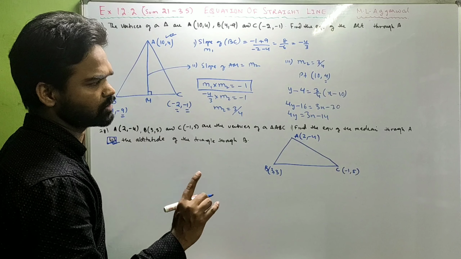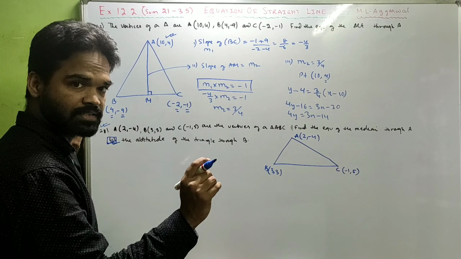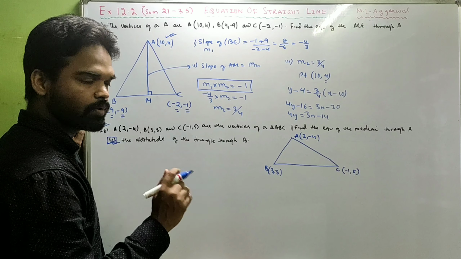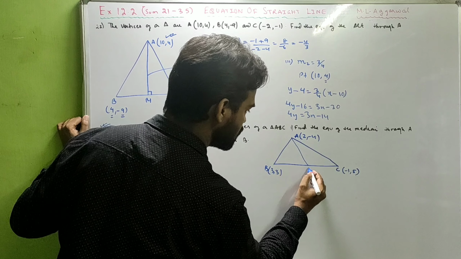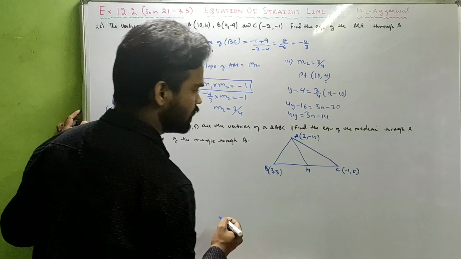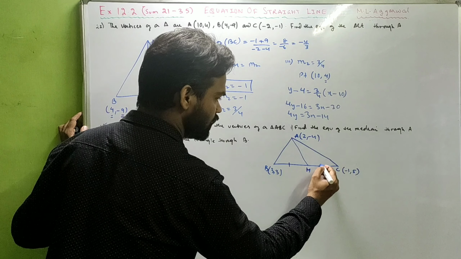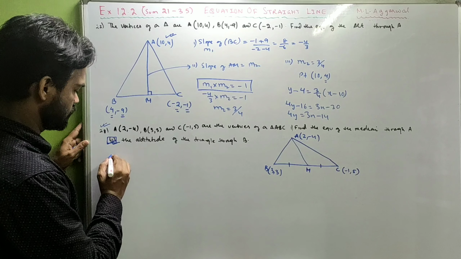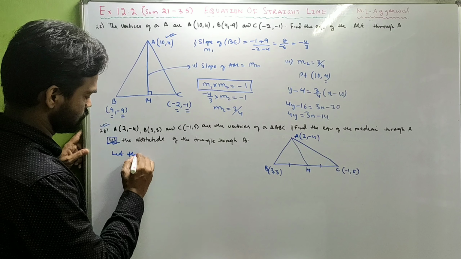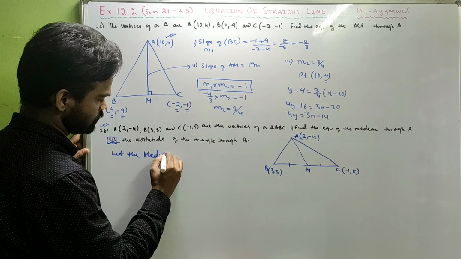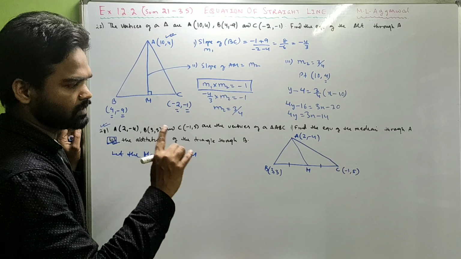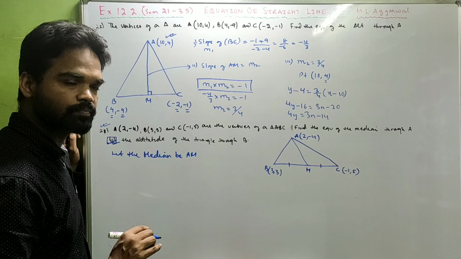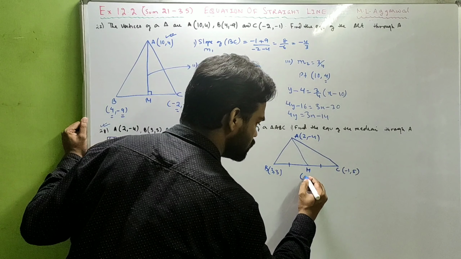Find the equation of the median through A. The median divides the base into 2 equal halves, which means suppose I draw the median AM. Okay? So BM will be equal to MC. Let the median be AM. So AM divides BC into 2 equal halves, which means M is the midpoint.